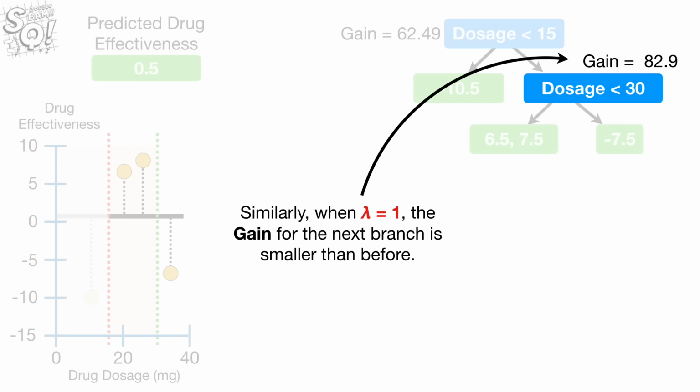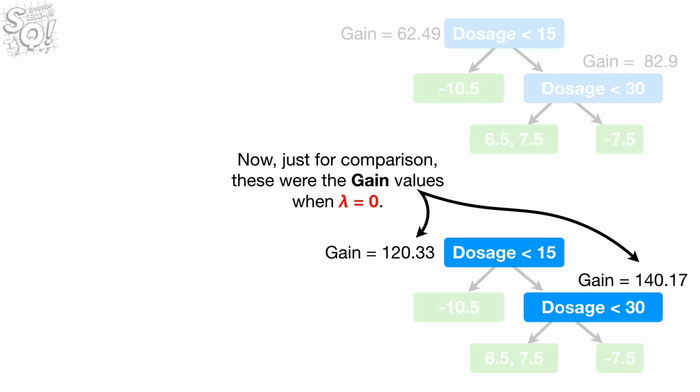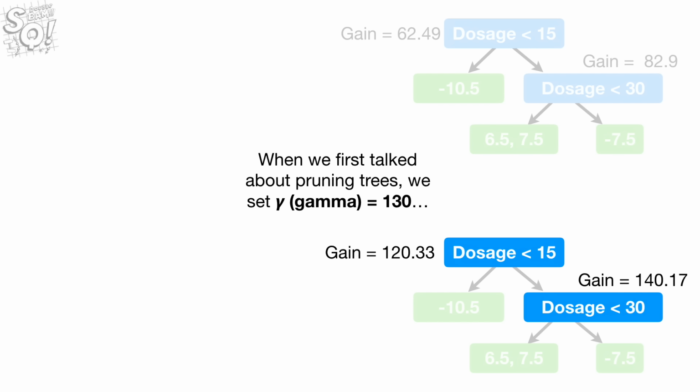Similarly, when lambda equals 1, the gain for the next branch is smaller than before. Now, just for comparison, these were the gain values when lambda equals 0. When we first talked about pruning trees, we set gamma equal to 130.